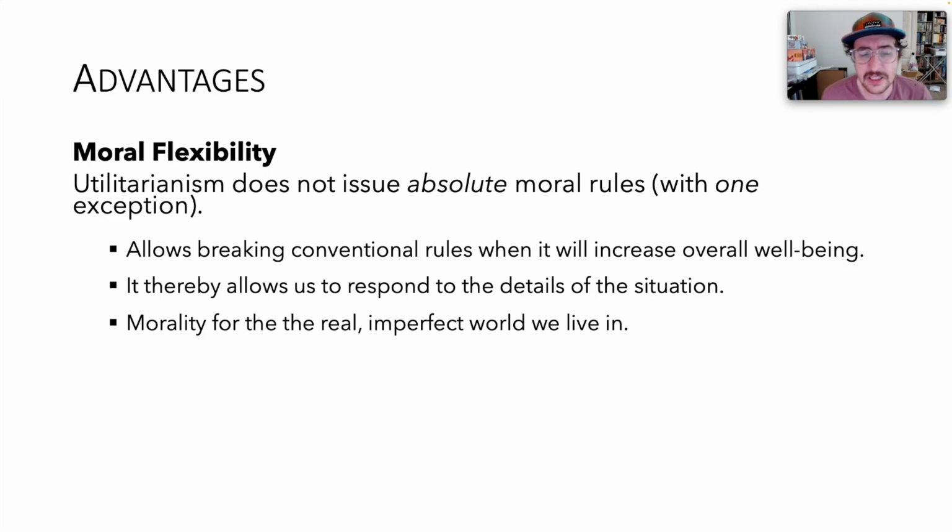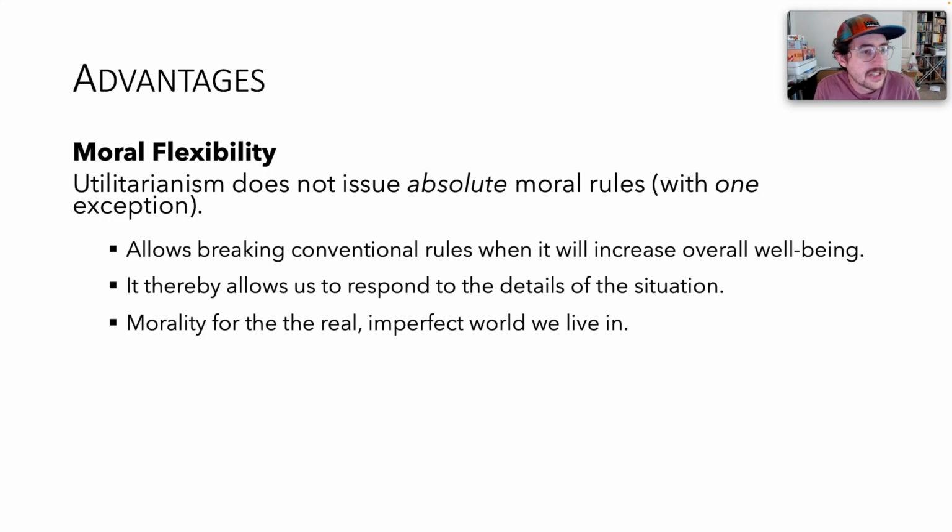Now, a lot of people think that what this means is that utilitarianism provides us a morality suited for the real imperfect world we live in. Look, in a perfect world, yeah, maybe it'd always be wrong to lie because there'd be no need to lie. But we don't live in a perfect world. We live in a world where there are bad people and there are bad things that happen and there are abusers.